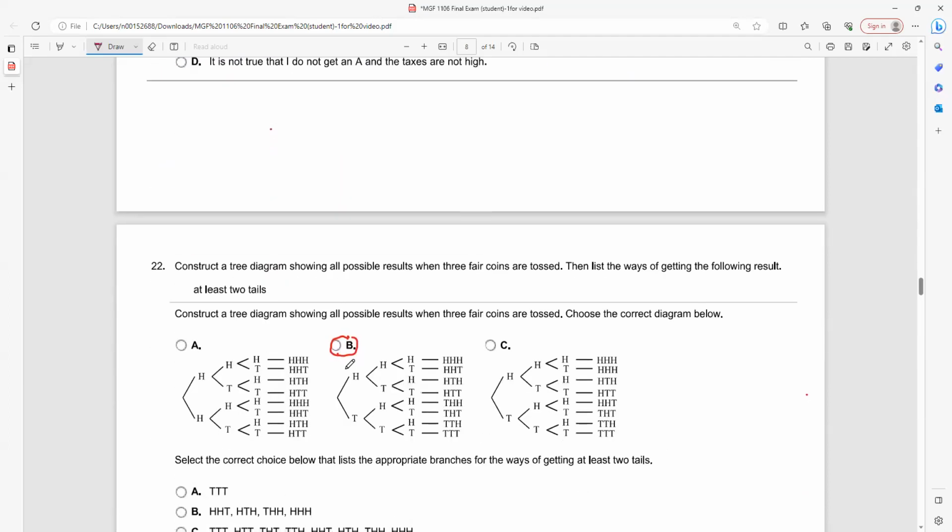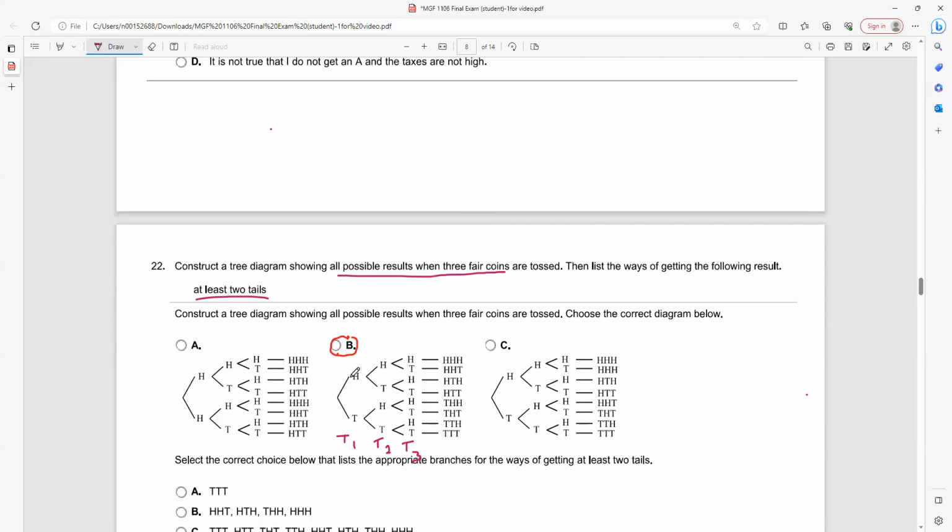For 22, construct a tree diagram. So we want to know all the possible ways that when we toss 3 coins, we get at least 2 tails. This would be considered toss 1, toss 2, and then toss 3. We could toss our coin and get either heads or tails. So here we start our tree.